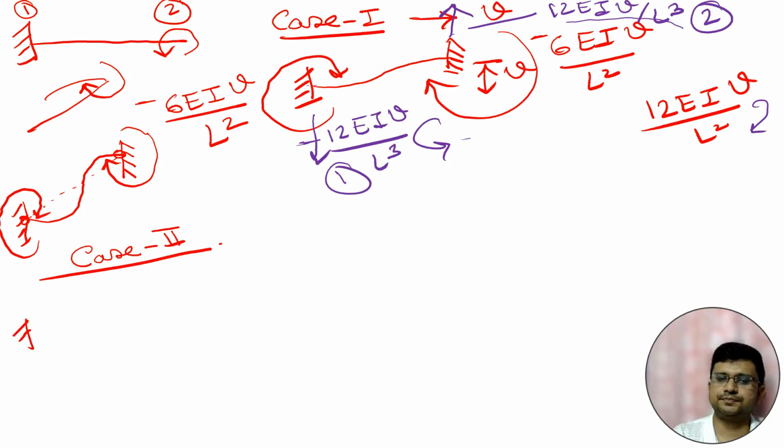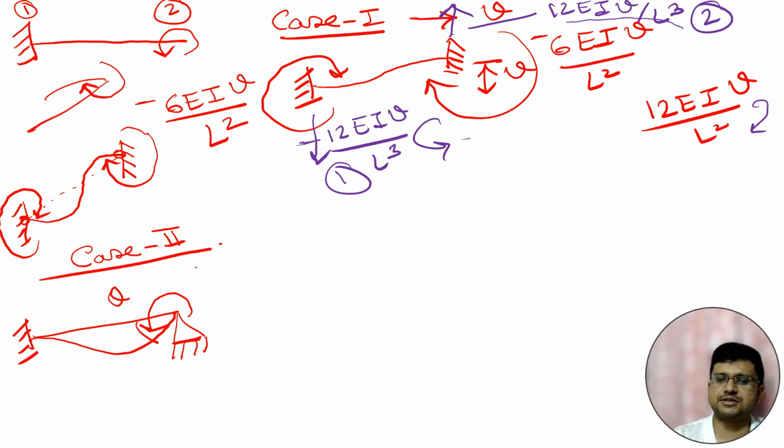This is node 1. Now we will provide theta at node 2. Initially it was a fixed support, but now we will provide theta at node 2. Providing theta means we are making this support a hinge support, and we are providing theta here. This rotation is theta. If this is a fixed support, then there will be no theta, because for a fixed support there will be no slope.